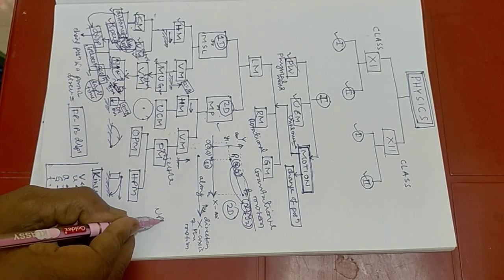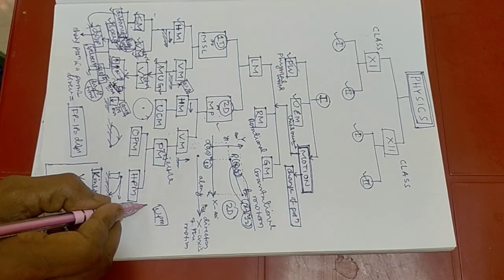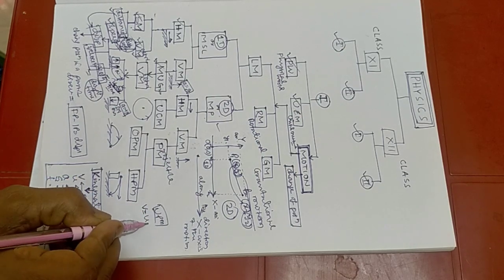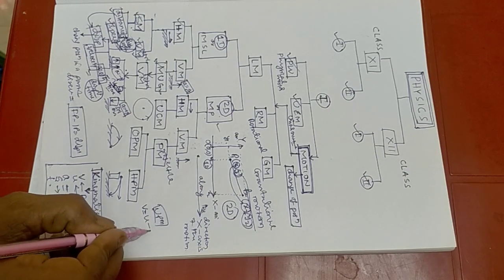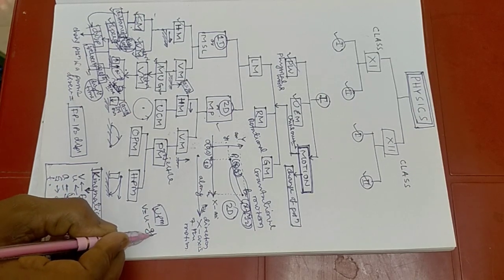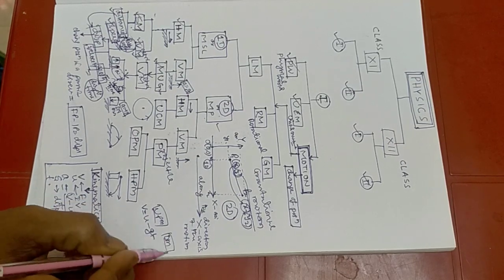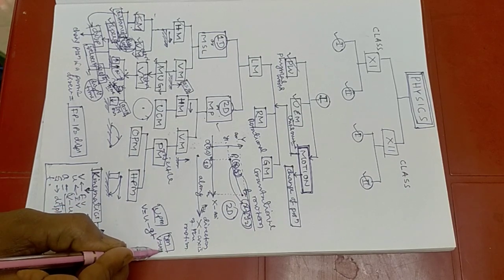The kinematic equation will become, for upward motion, v is equal to u minus gt, whereas for downward motion it will be v is equal to u plus gt.